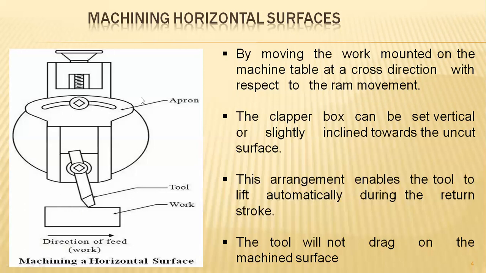Nominally, this apron will be fixed with respect to the tool post, and this tool post holds the tool. Based upon the working material, we will select the particular tool part suited to the work. A feed rate will be adjusted manually. The work part will be fixed in one condition, and in the second condition the tool part will be fixed and the work part will be in dynamic condition.